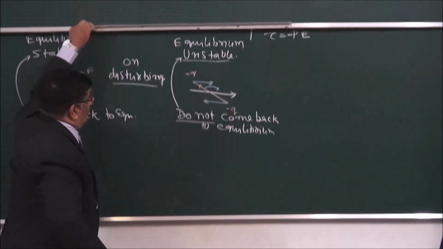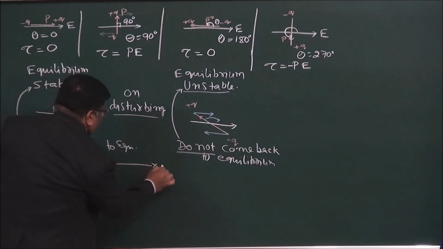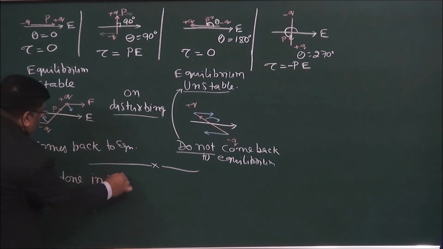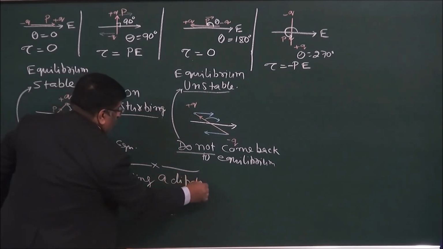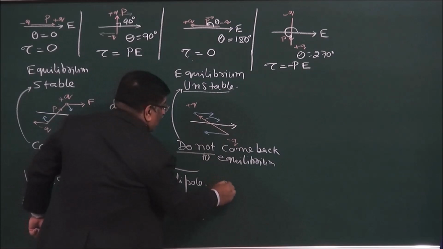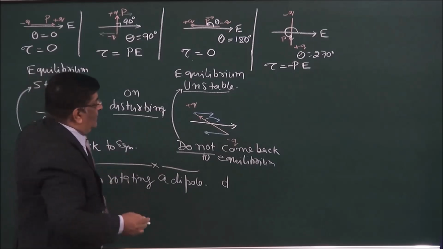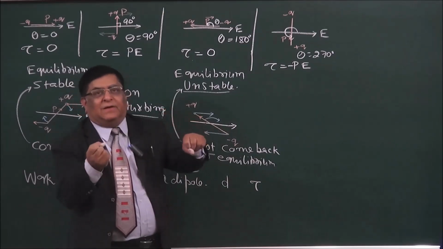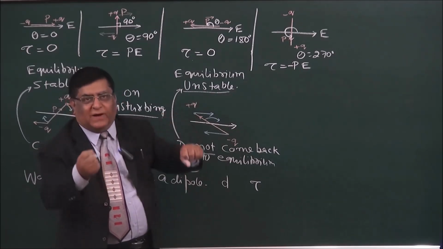We know the formula for work done in rotational motion. If we have a body which is experiencing a torque tau and it is rotated through a very small angle, say d theta, then we have to do certain work on it.